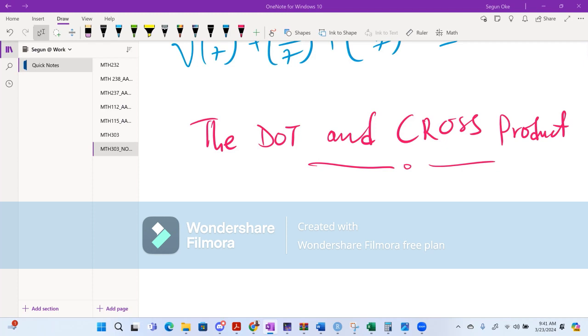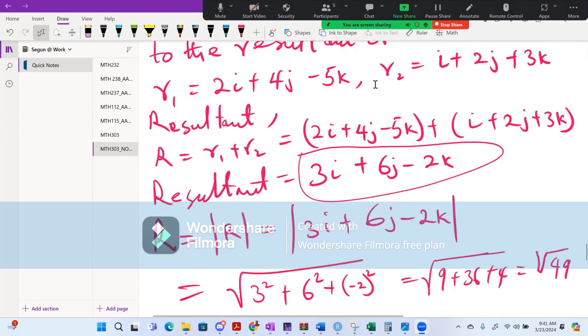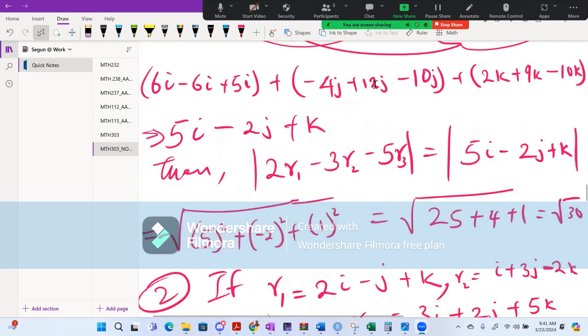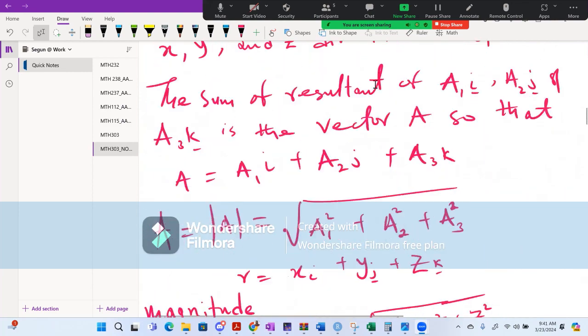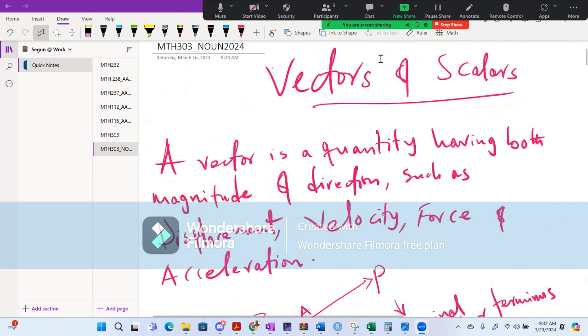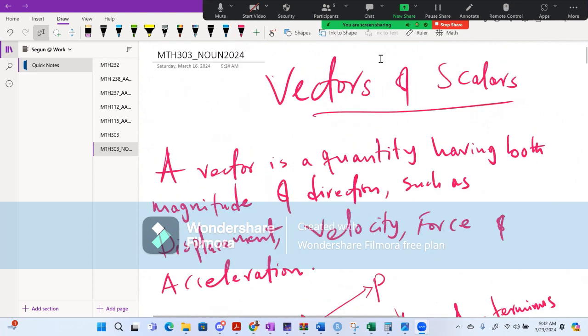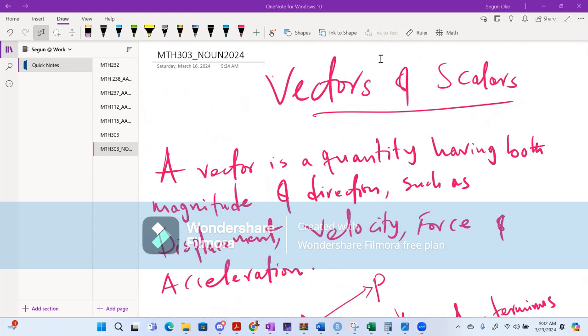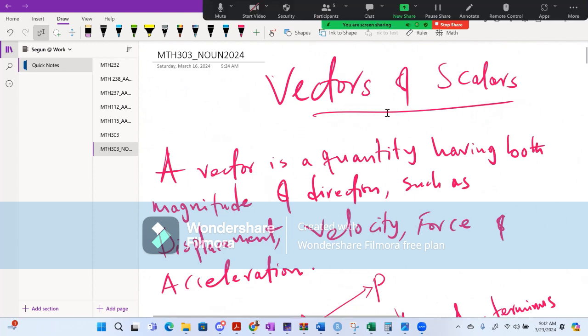I gave us the definition of the vector last time. Let's look at it again, just to give ourselves a kind of understanding. We said last class that a vector is a quantity having both magnitude and direction, such as displacement, velocity, force, and acceleration.